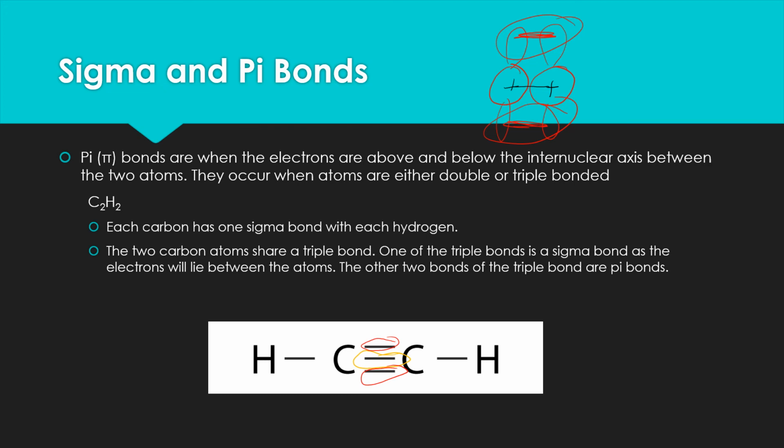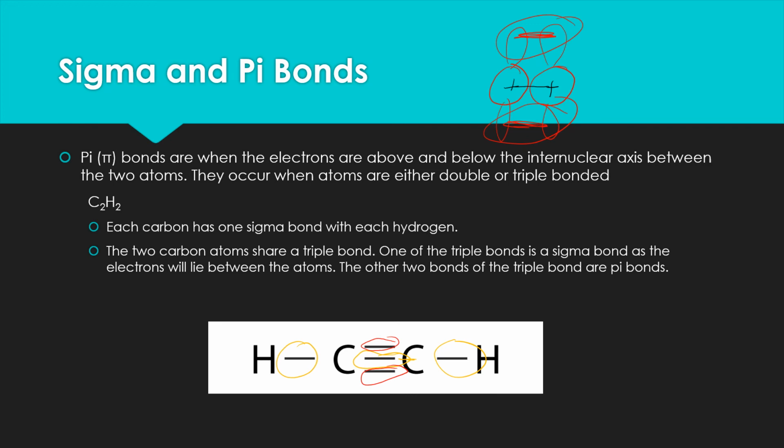So each carbon atom has 1 sigma bond with each hydrogen. I'm going to circle those in yellow, all of our sigma bonds. And then the 2 carbon atoms share a triple bond. One of the bonds in the triple bond is our sigma bond in the middle there, and the electrons lie between the atoms. The other 2 bonds of the triple bond are called our pi bonds.